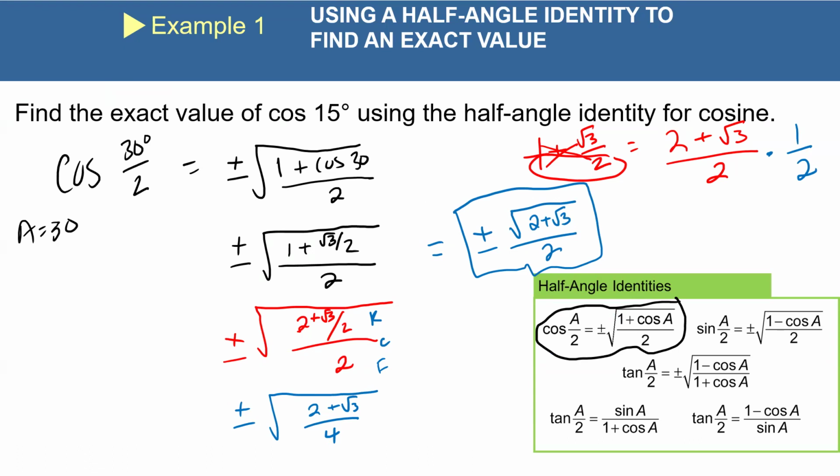That's the exact value of cosine of 15 degrees. And it's going to be positive because it's in what quadrant? 1.